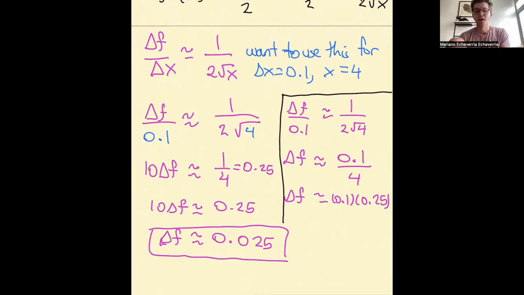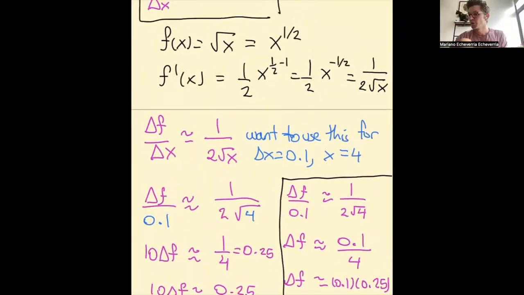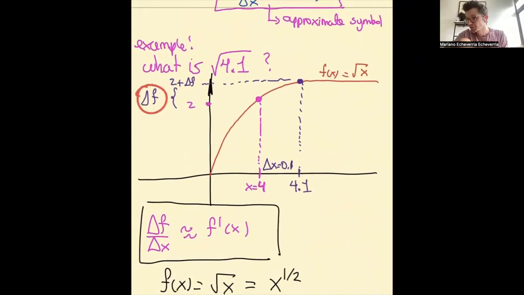Yeah, sure. So you see that this is delta f, and so what does this mean? Oops, I keep choosing the wrong function on the iPad. So this means the amount that f changed when you move by delta x, right? If you go back to the graph, this delta f corresponds to 0.025.